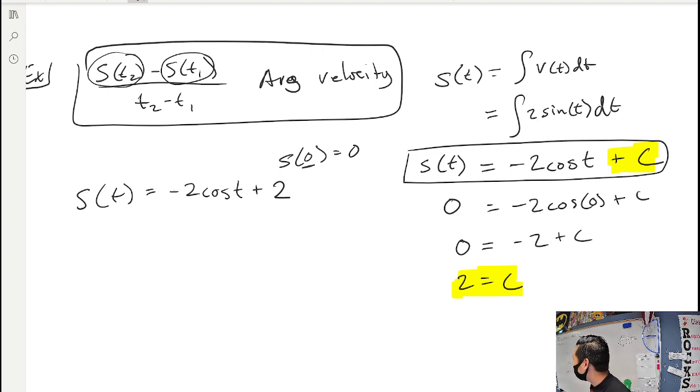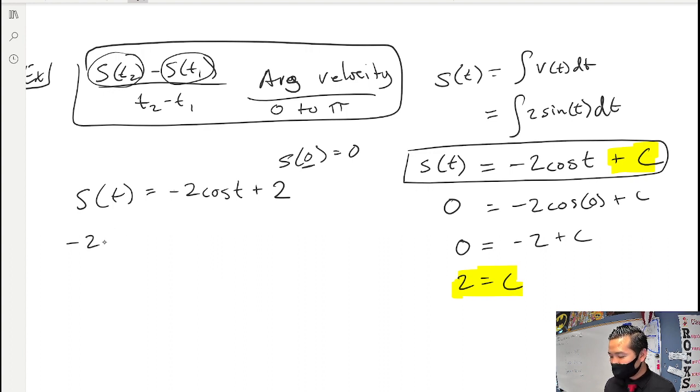What are we supposed to find? The average velocity from what to what? 0 to pi. So what do I do? We just plug in the values, right? Yeah. Up here, we have negative 2 cosine of what value? Pi. Good. Minus negative 2 cosine of what? 0.